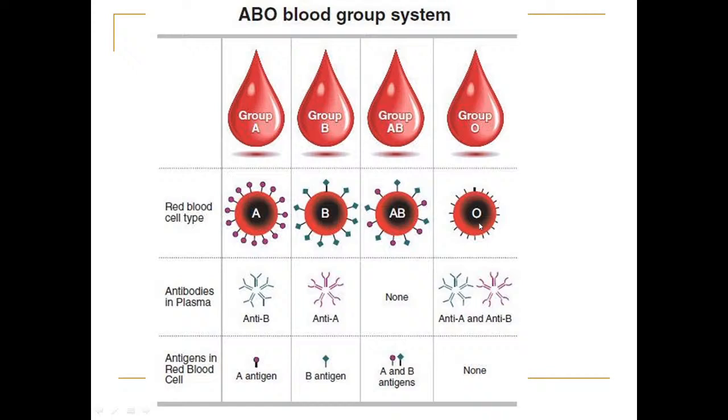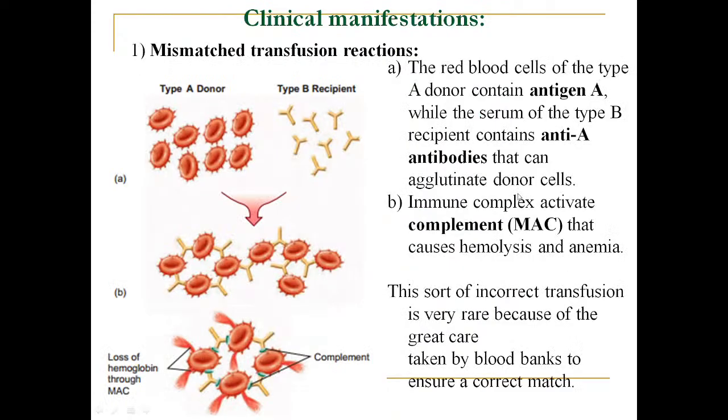In group O, there are antibodies against both A and B. Sometimes in transfusion of the blood, it can cause mismatched transfusion reactions.